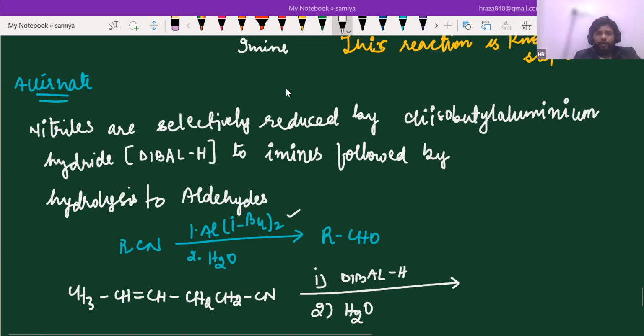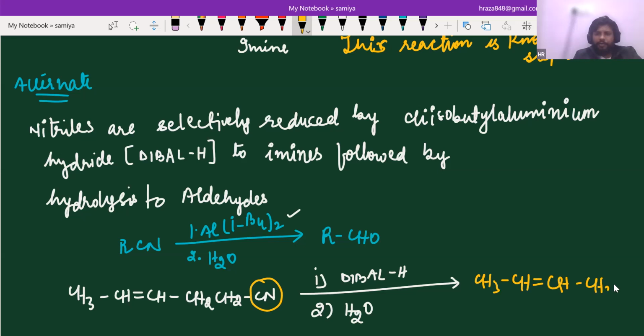See, what you need to do, just replace this with CHO and you will get it. The rest part will be as it is, CH3, CH, and then CH2, and then CH2. After that, this will be CH. With introduction of double H, there will be an intermediate product that is basically your imine.